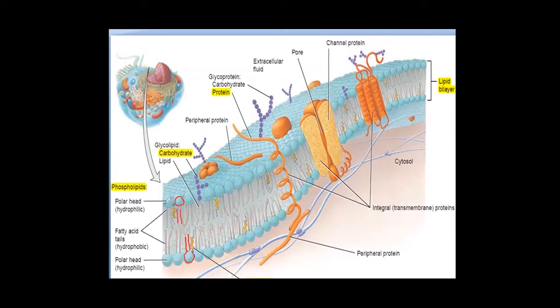One line uses the blue color here, covering this side superficially, another line in blue covers the other side. And also they have some protein inside of the membrane.